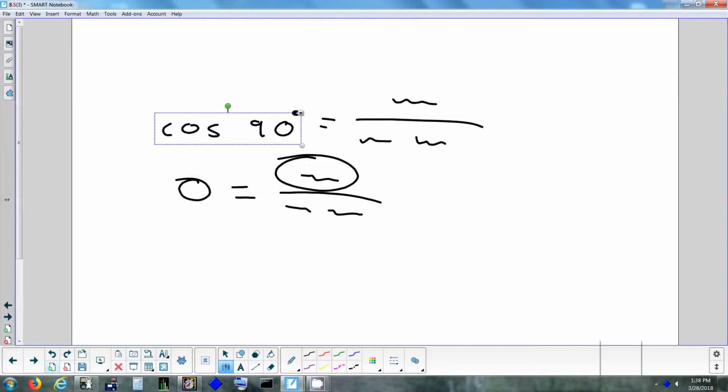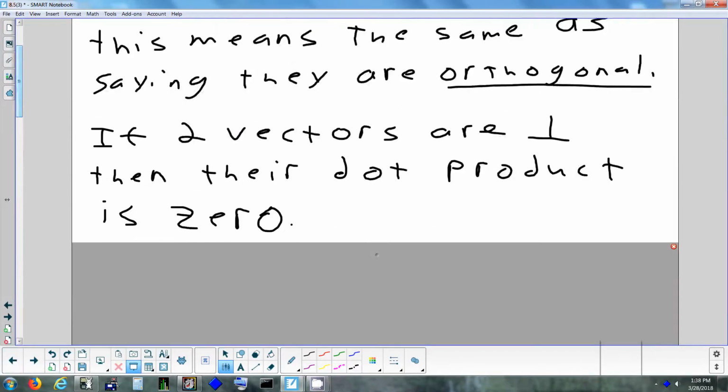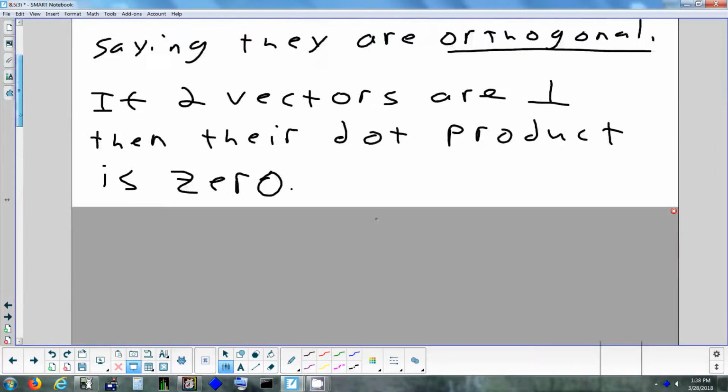So any questions on that idea? If the dot product is 0, it doesn't matter about anything else. The whole thing is equal to 0, and the inverse cosine of 0 is 90. Unfortunately, with parallel, there's not quite as nice of a shortcut, but we'll get to that in a second.